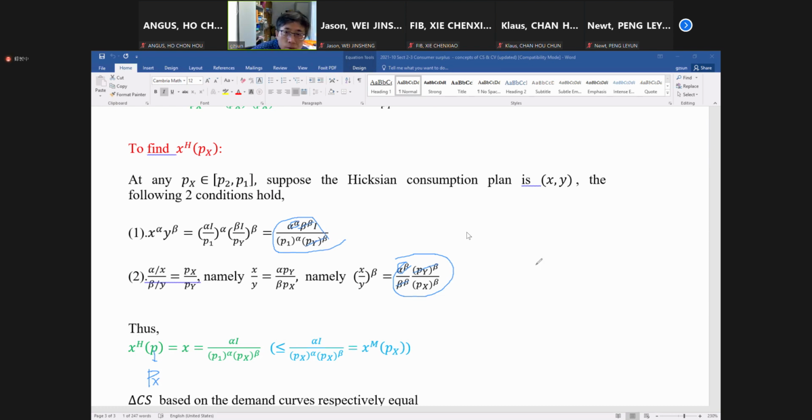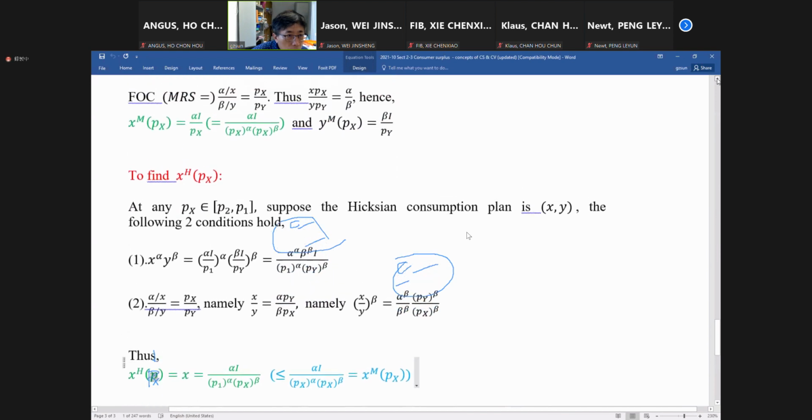And now I can tell you why I put the marginal demand in such a childish way. We put px as px to the power of alpha times px to the power of beta.